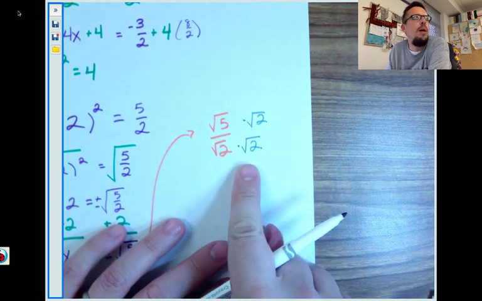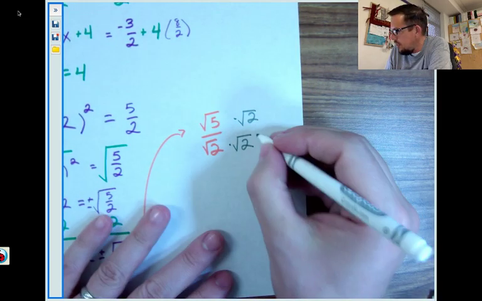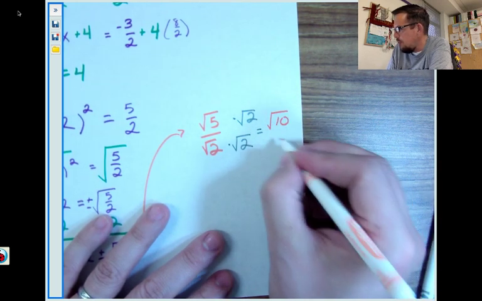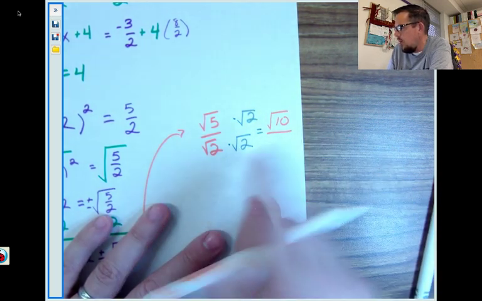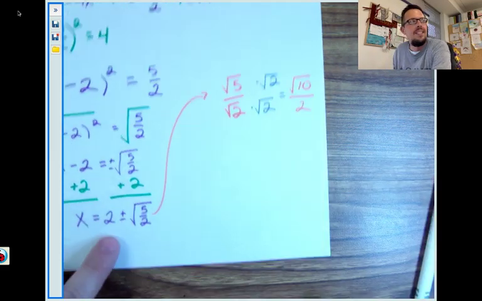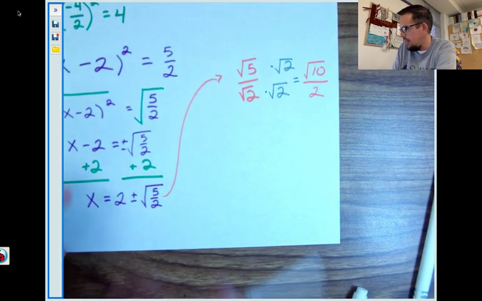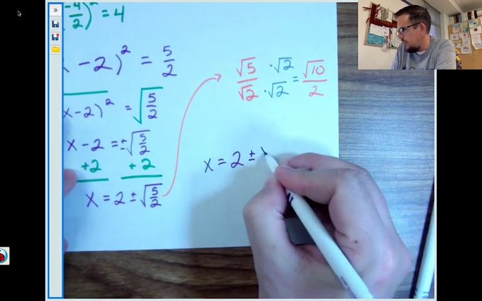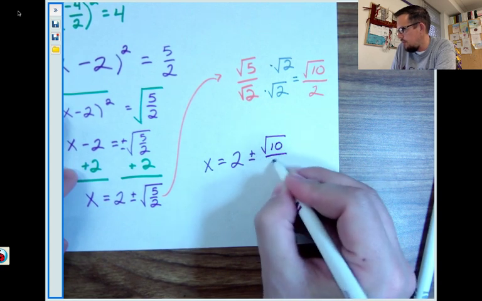It's like I'm multiplying by 1. Is this coming back to you? So square root of 10 and root 2 times root 2 is root 4, which is 2. And that's how I'm going to write this answer. I'm going to write it as x equals 2 plus or minus the square root of 10 over 2.